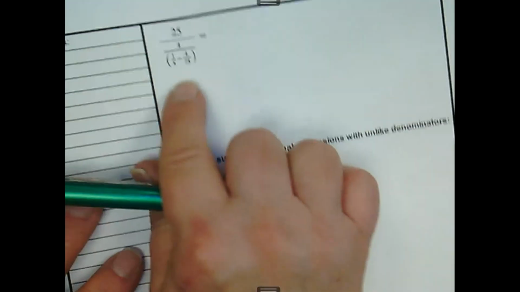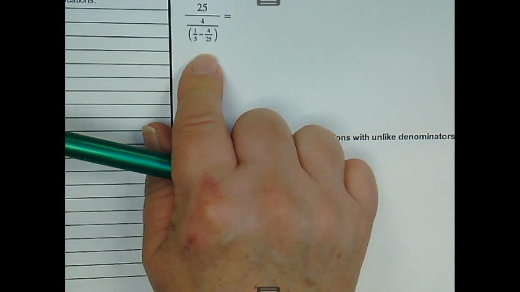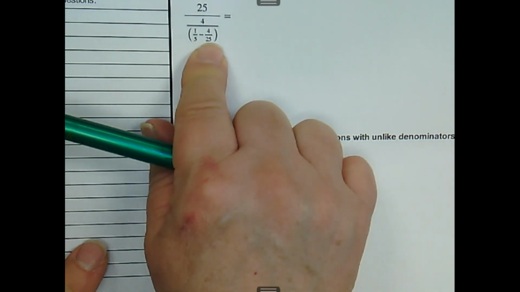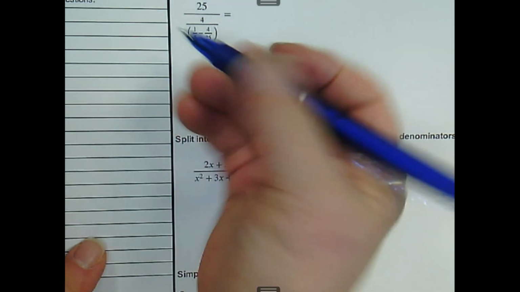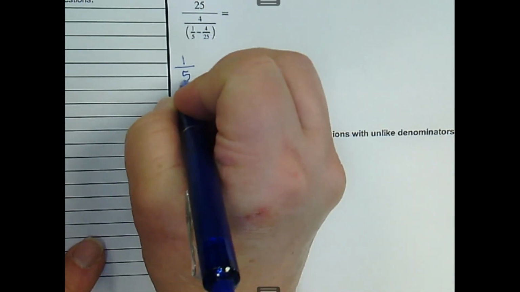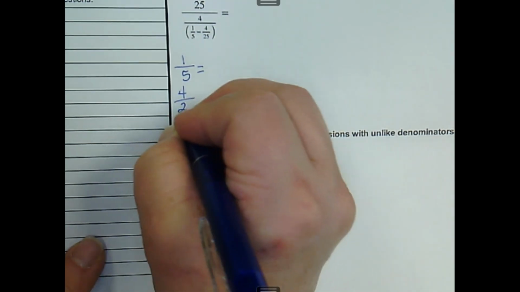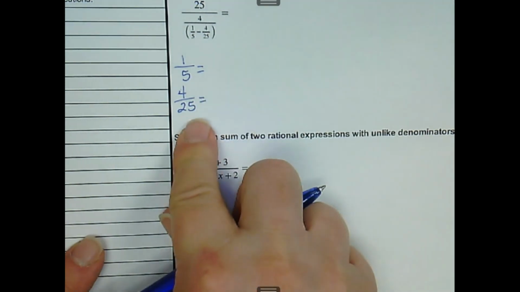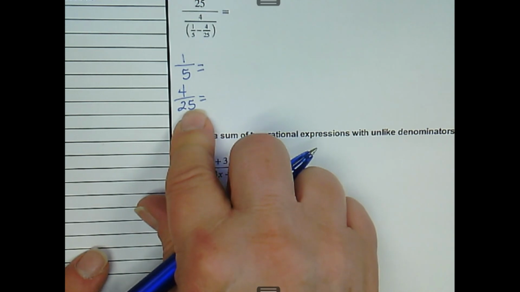Oh, this one looks really weird. Okay, first thing I've got to do is simplify the bottom fraction. So I am looking at 1/5 minus 4/25. Okay, so if I'm looking, is 5 a factor of 25?